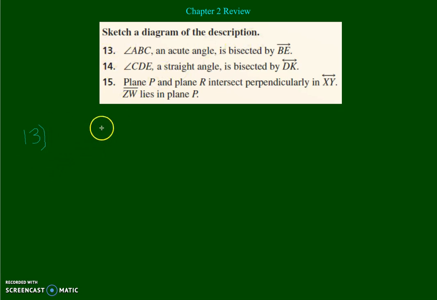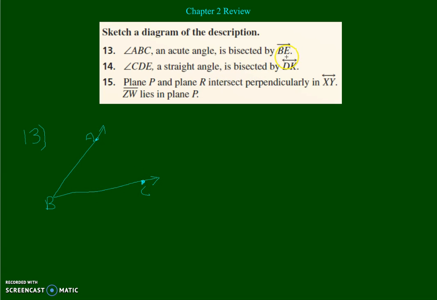So we have an acute angle, so let's make some acute angle here. Again, not pretty. So this is A, this is B, and this is C. That's supposed to be a point.